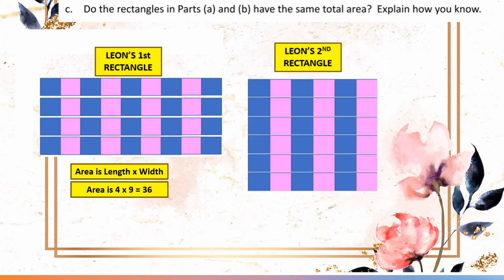And the rectangle from letter B, Leon's second rectangle, was 6 times 6 equals 36, or 6 rows of 6 equals 36.